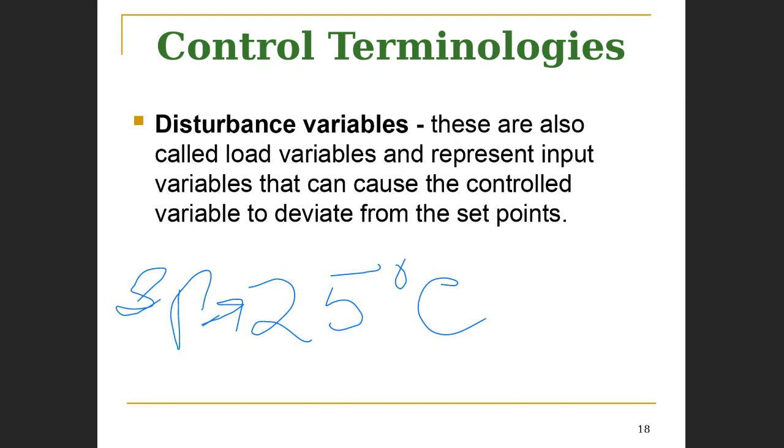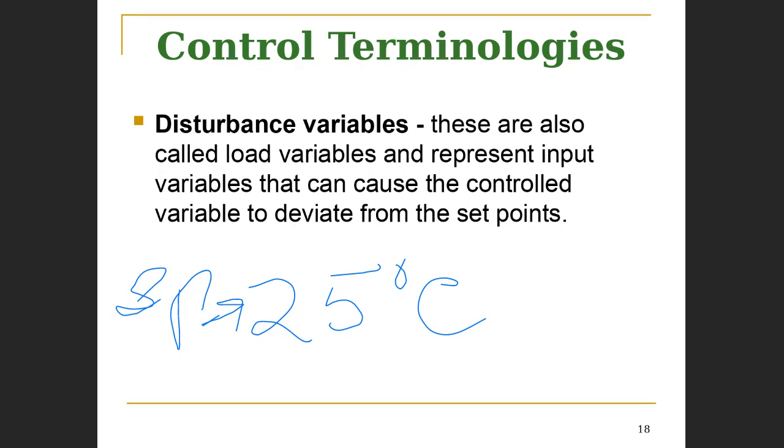So the flow rate of the cold water is a disturbance to you maintaining your suitable temperature at the faucet. So the point I'm making here is the flow rate of water in any of those pipes, hot or cold, is a disturbance variable.